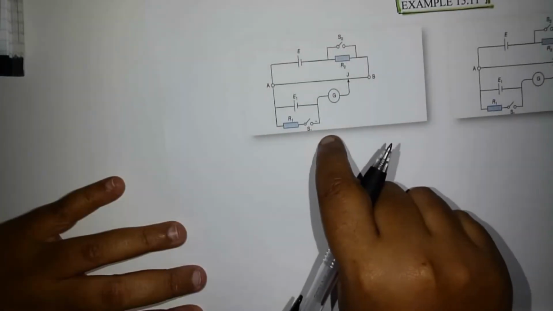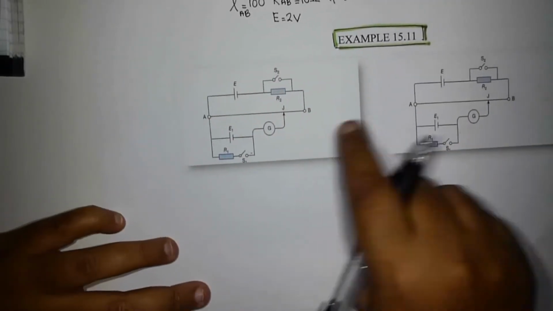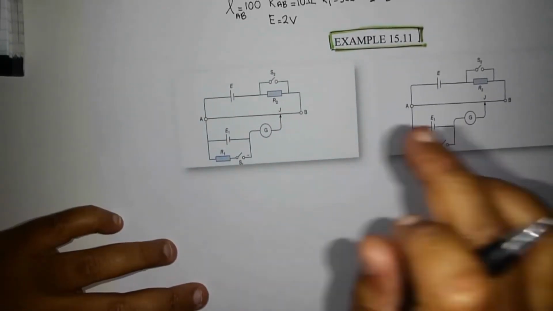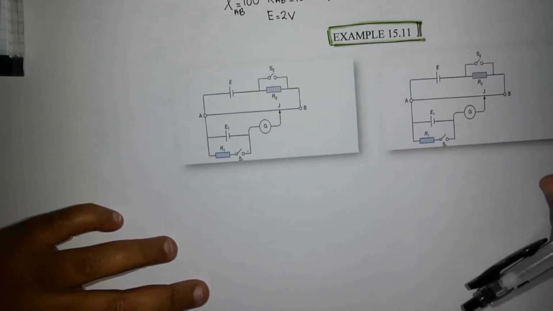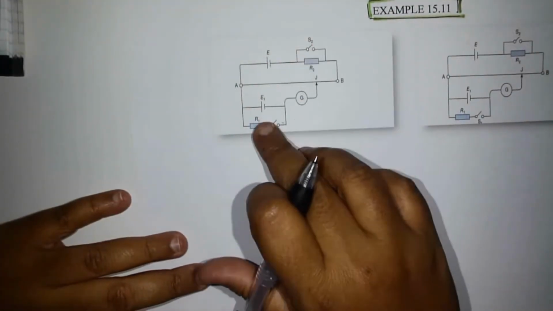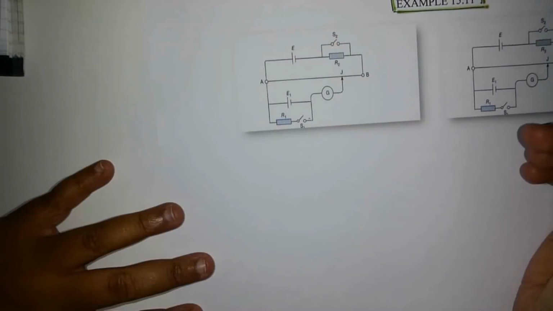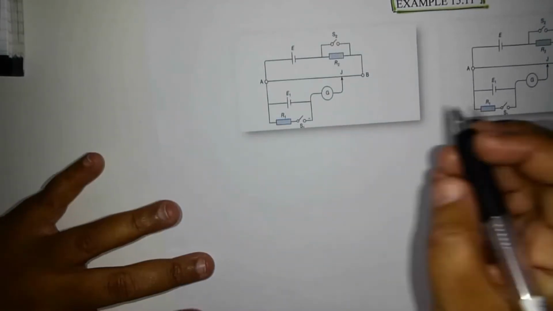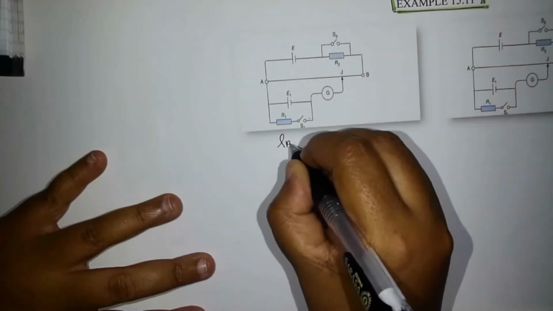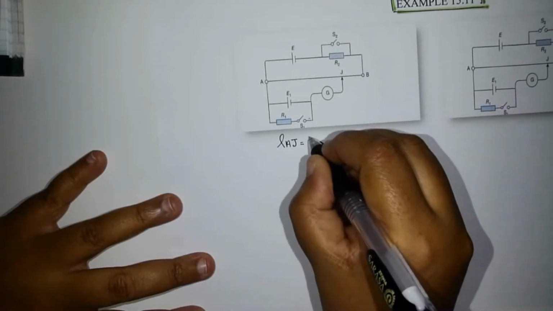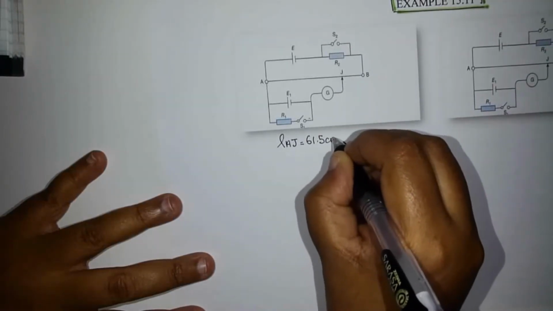I made it two here because I want to see one open and one closed. So both switches are open, and the length AJ is 61.5 cm.